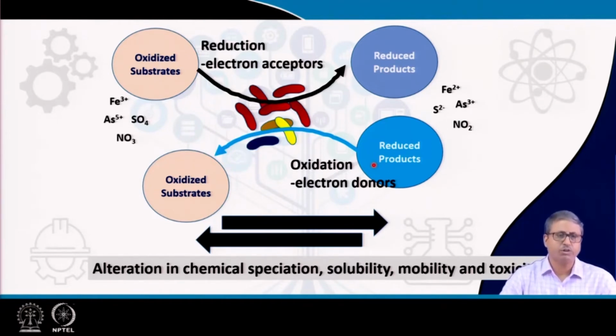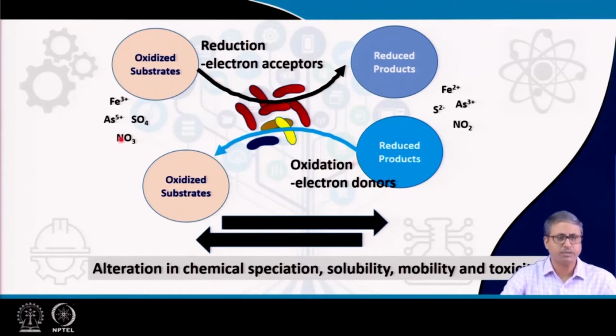Now, these oxidized substrates, for example, sulphide oxidized to sulphate. This sulphate could be utilized by some other organisms as a potential electron acceptor. Under anaerobic conditions, we know that alternate electron acceptors are required to drive the metabolic reactions.